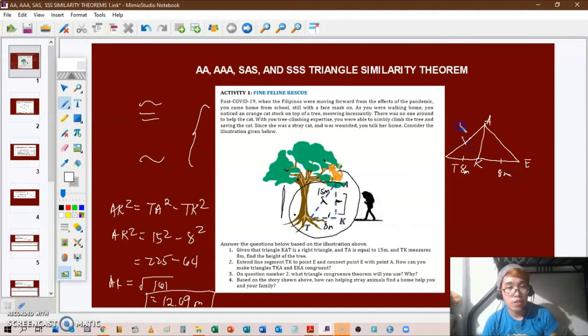And if this is 15 meters, AE must also measure 15 meters. Since the two triangles share the same side, they have a side that measures 12.69 meters. So using the SSS triangle congruence postulate, the three sides are congruent, and we can say that the two triangles TKA and EKA are congruent to each other.